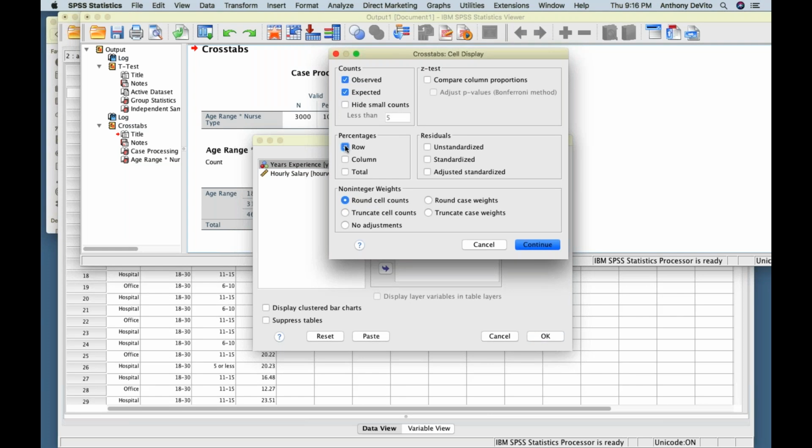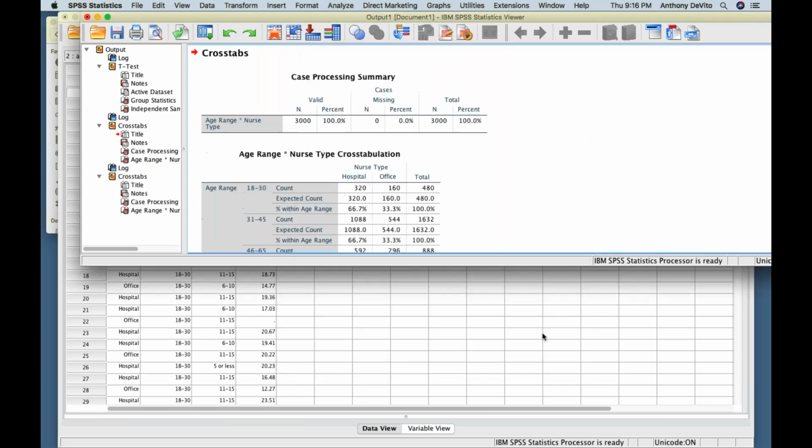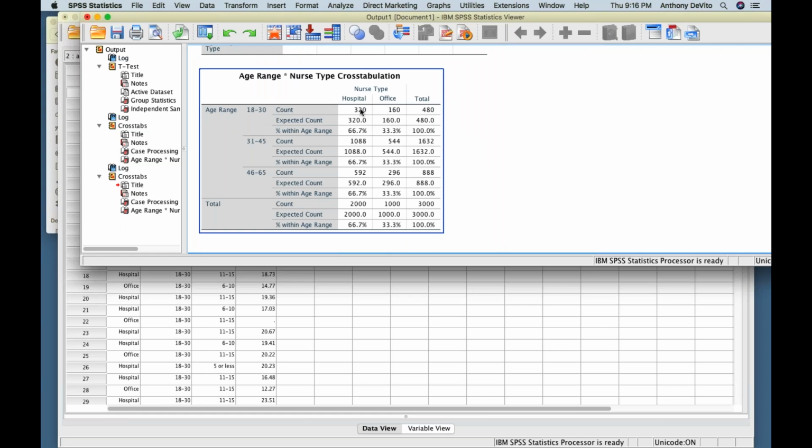And I could click on Percentages by Rows. I'm going to do those two and click OK. So now when the table comes up, not only do I have my actual count, but I also have the number I would have expected if there's no association between age and the type of environment that a nurse would work in.